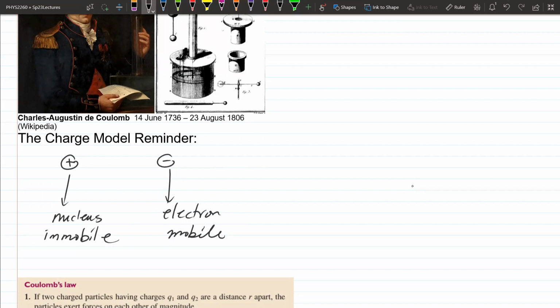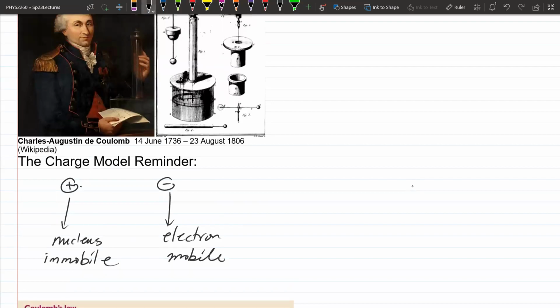So typically, if you were to rub a piece of plastic with a wool cloth, it's actually the electrons that are being transferred onto the plastic, and the nuclei just stay in place so they don't move around that much. Okay, and having a positive and negative charge near each other, we found out that they exert an attractive force between them.